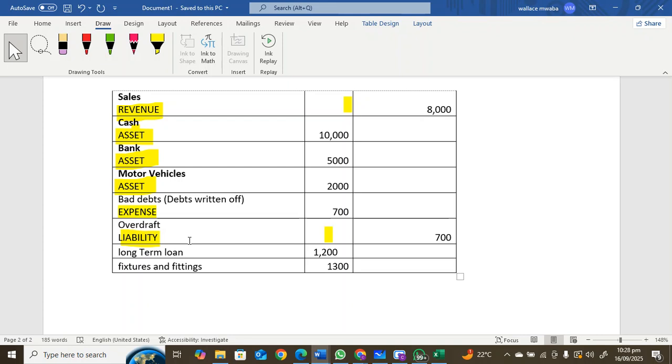This is debt that needs to be paid within 1 year. So even an overdraft, if you get an overdraft, you're going to need to pay it that same year. They'll never allow you to go over a year.